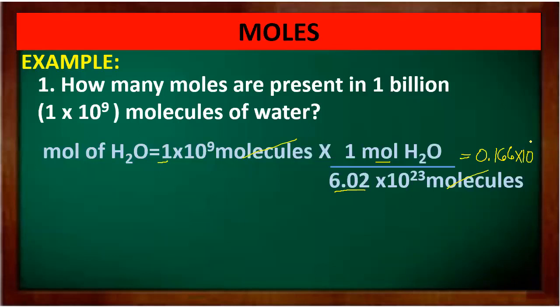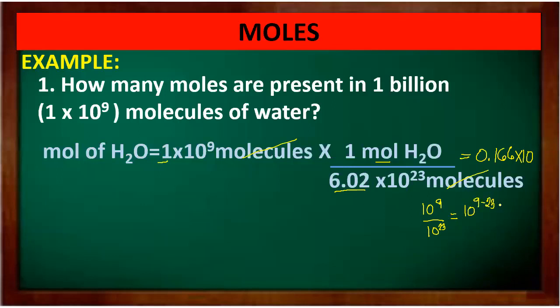So ngayon, ano yung value ng exponent natin? Ito kasi nangyari doon, di ba? 10 raised to the 9 divided by 10 raised to the 23. So para mas mabilis, this is also equal to 10 raised to the power of 9 minus 23.